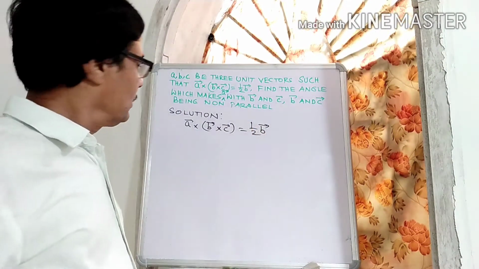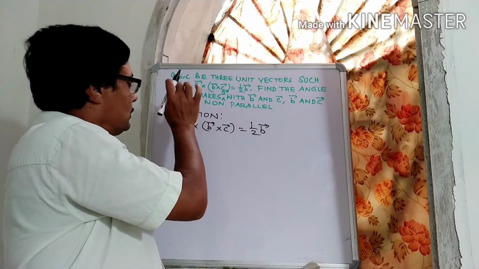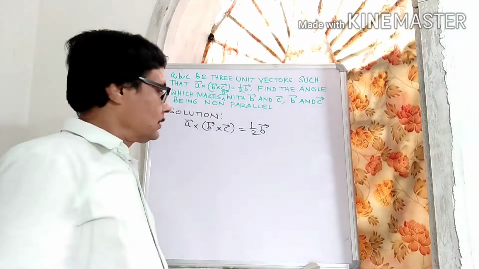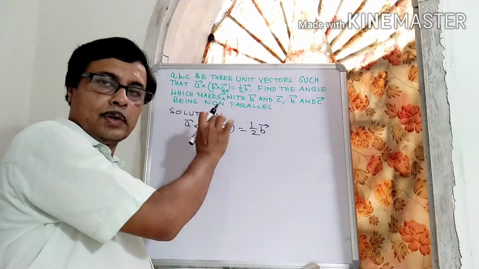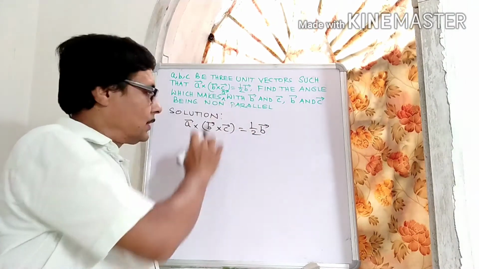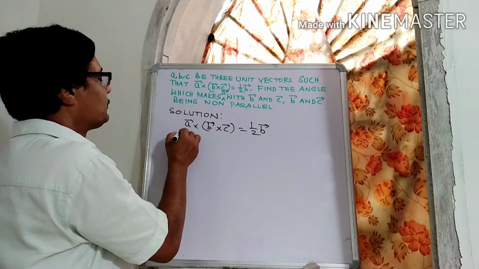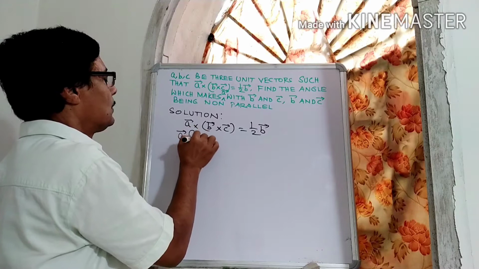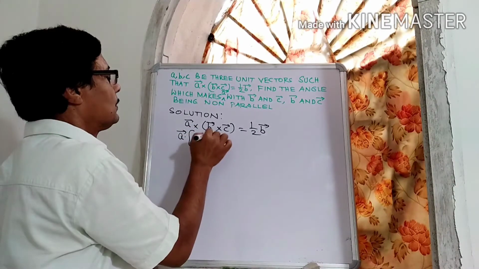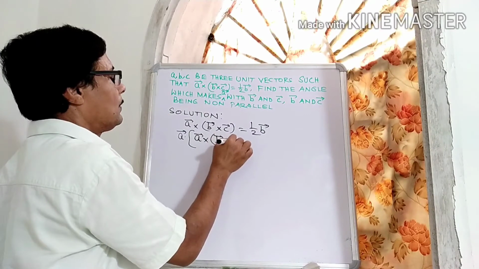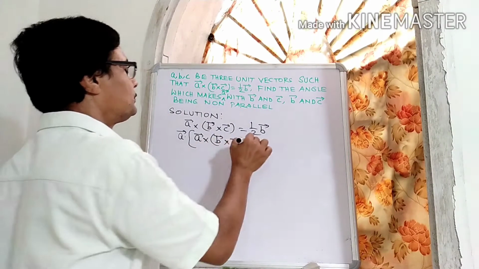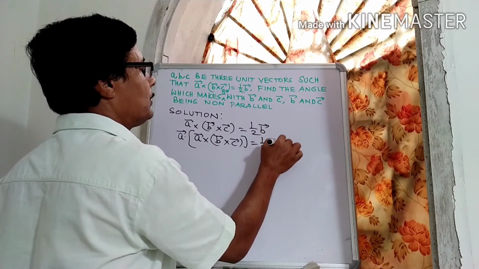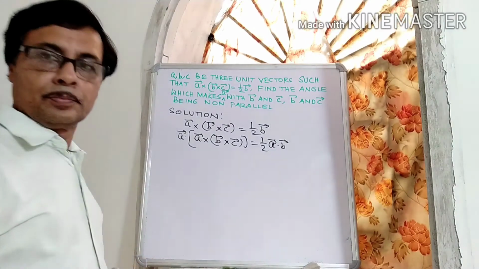Now, if we take the dot product on both sides with A vector, we get A dot (A cross (B cross C)) equals half of A vector dot B vector.